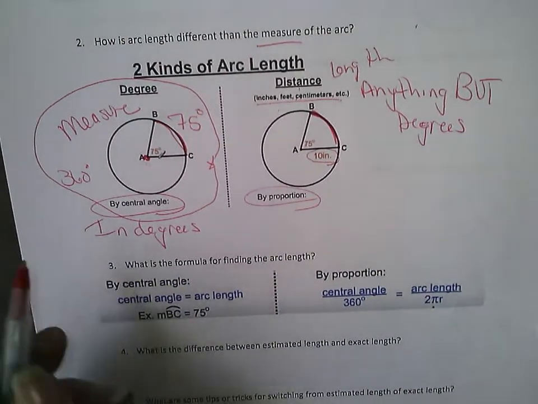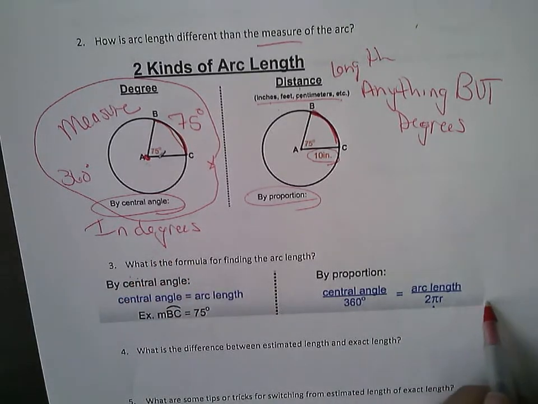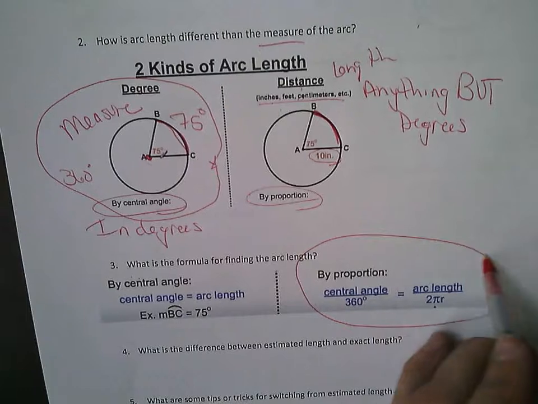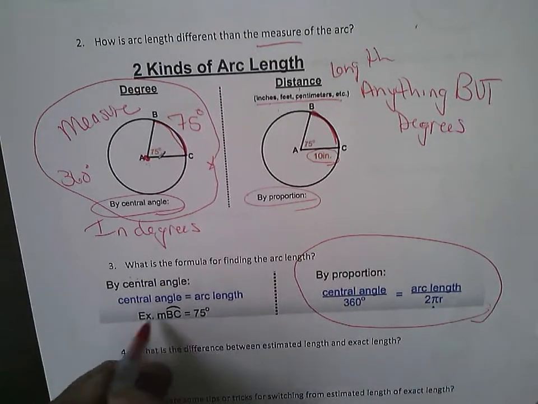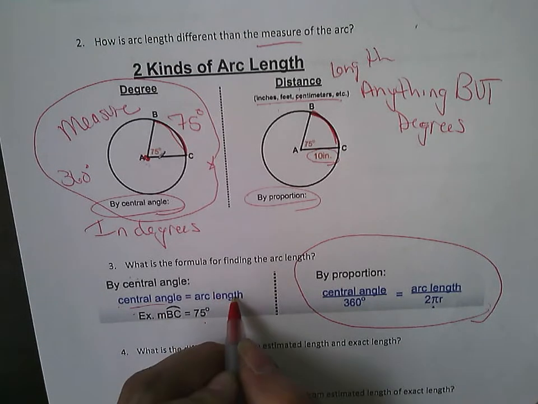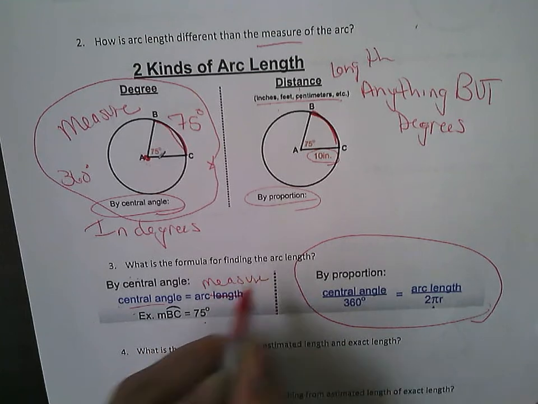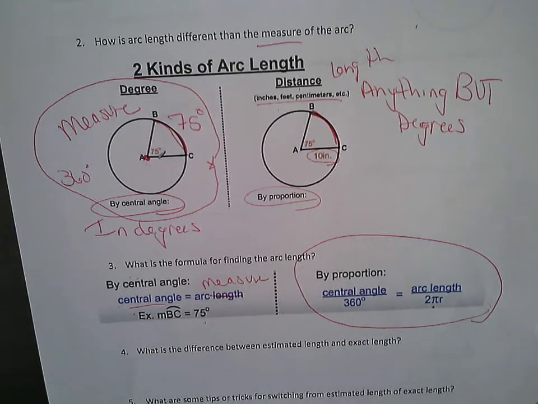And number 3 in here, what is the formula for finding the arc length? This is the one we're looking at in here. This tells us again that the arc length and the central angle, this should be arc measure, are the same.